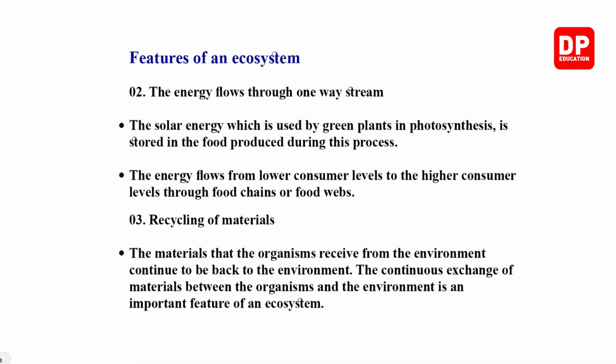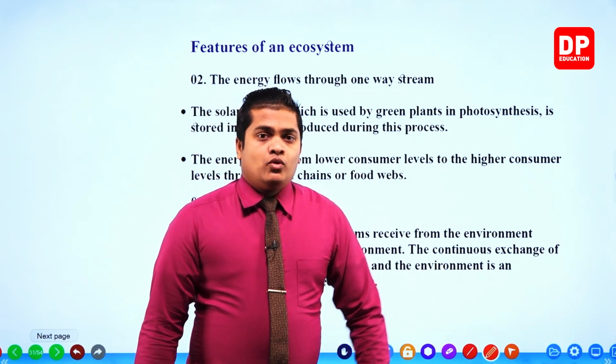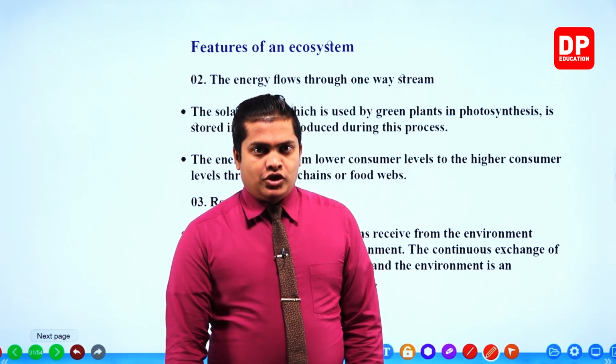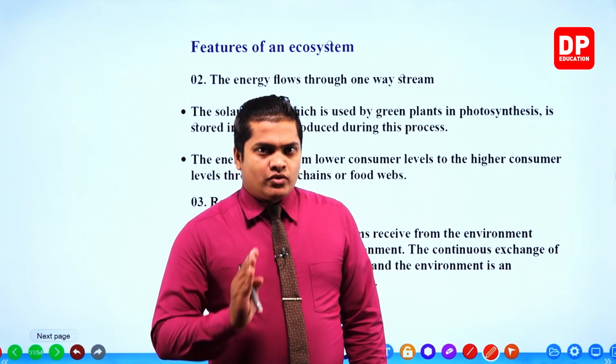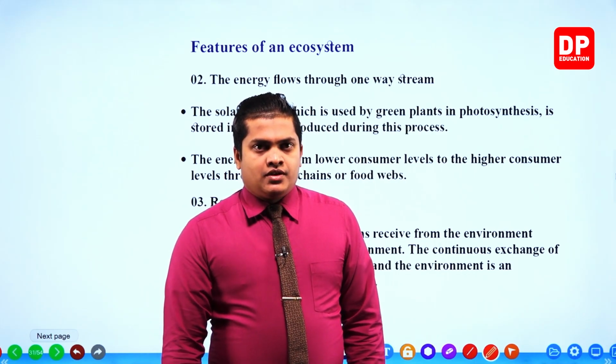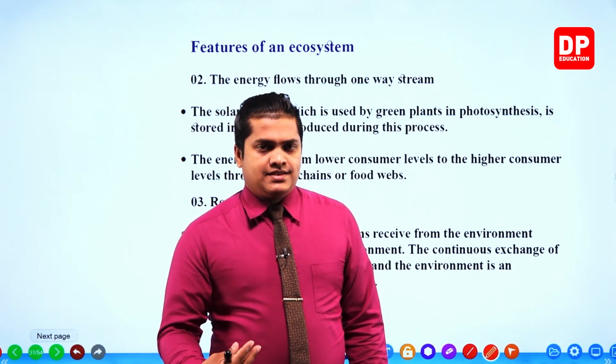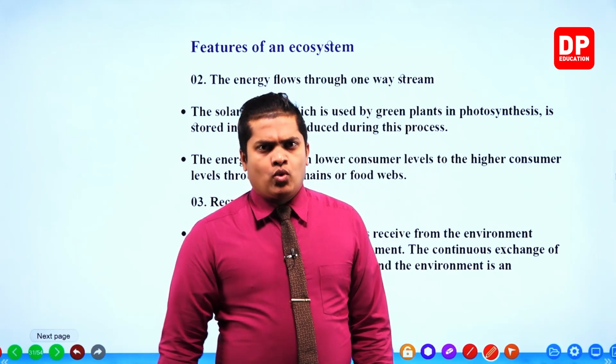The solar energy which is used by green plants in photosynthesis is stored in the food produced during this process. Now, in each and every ecosystem within our planet Earth, my dear children, the main energy source is the sun. So even in our body also, we possess the energy of the sun. How come?